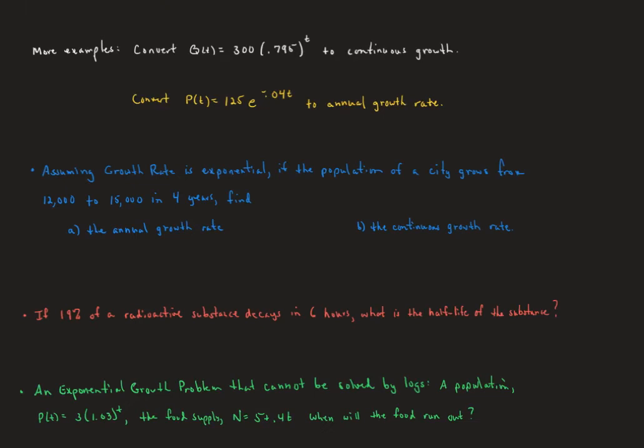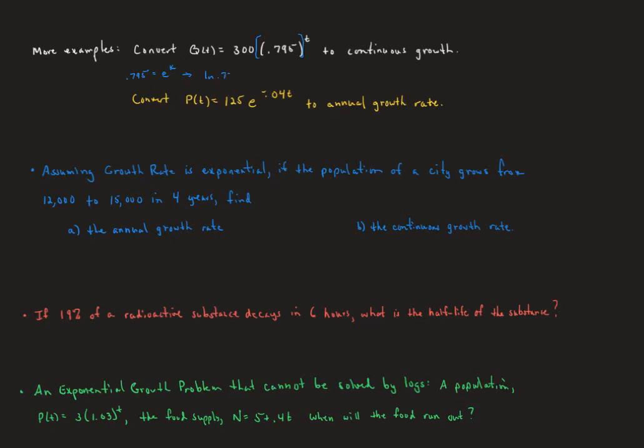So here's some more examples. Let's see if we can convert the 300 times 0.795 to continuous growth. So that means we want to take this base right here, and if we want to be continuous, then we want that to be e to some k, and we want to find out what the k is.